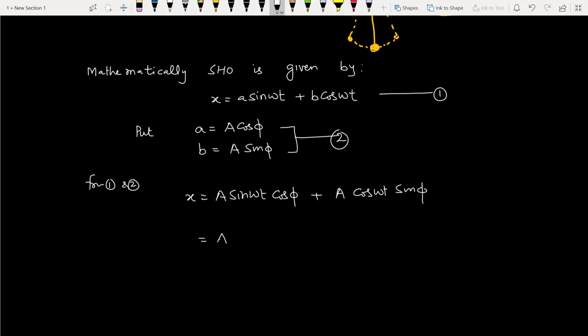So here capital A comes common, and sin A cos B plus cos A sin B, so it will reduce to A sin(omega t plus phi).